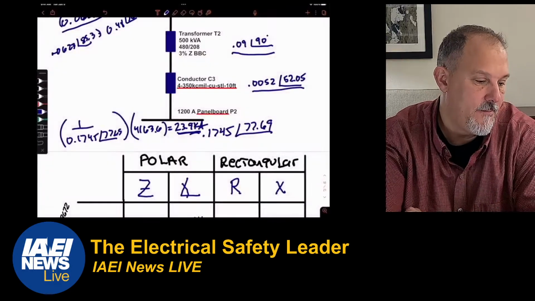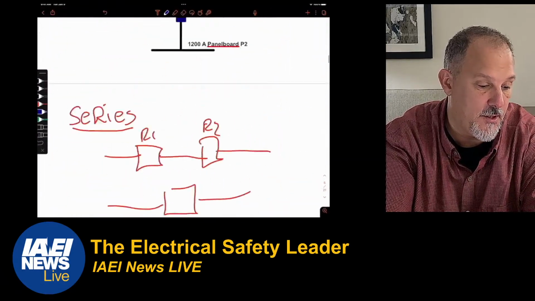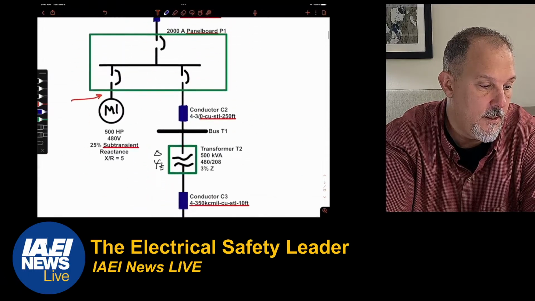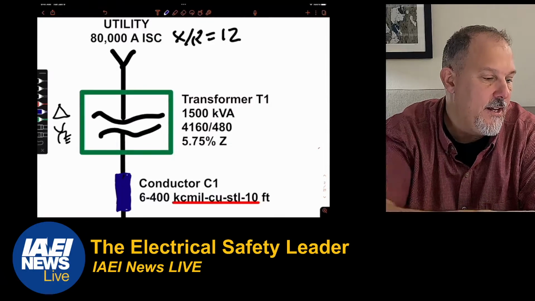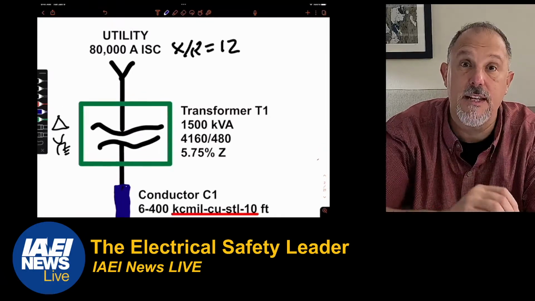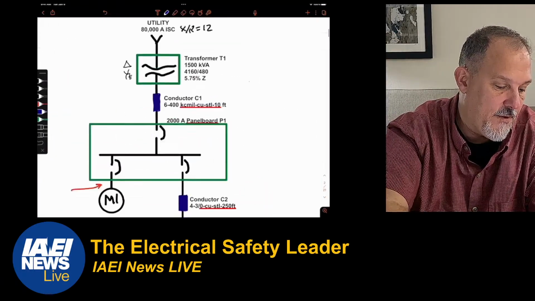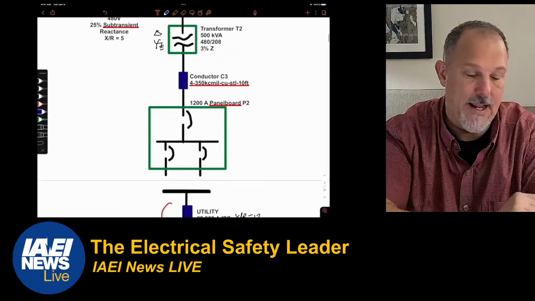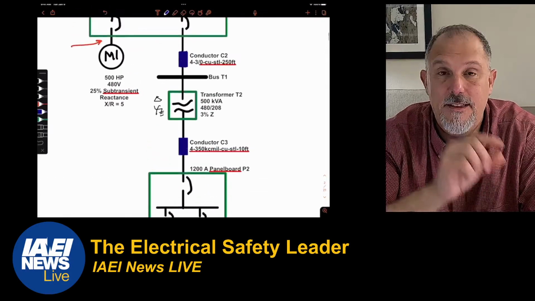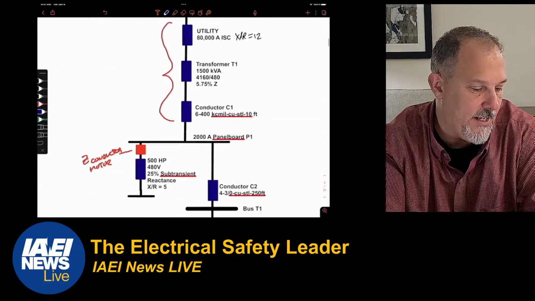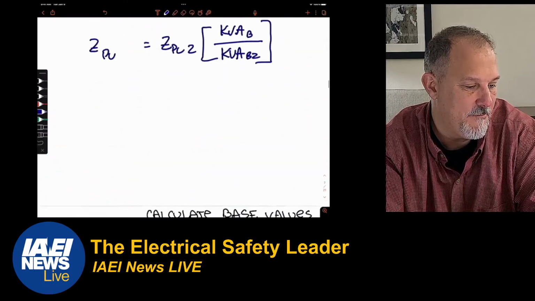Because of that main transformer in my power distribution system. That 5.75% impedance, changing my utility from 50,000 amps all the way up to 200,000 amps. At the fault current down there at that 1200 amp panel board, I've got 2 transformers I'm going through. The utility impedance, what did we calculate it as? What was that number? Remember the utility impedance?